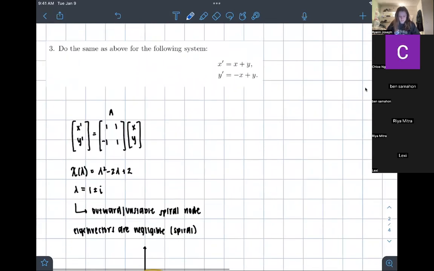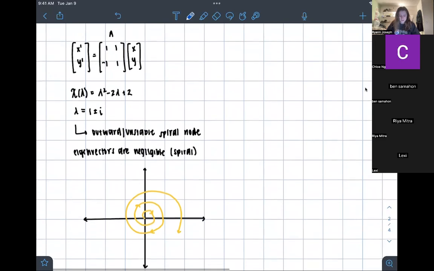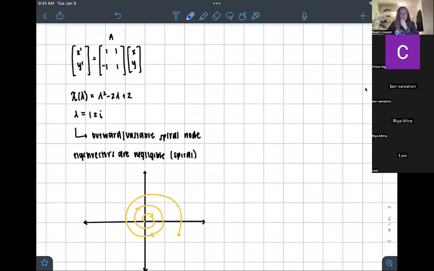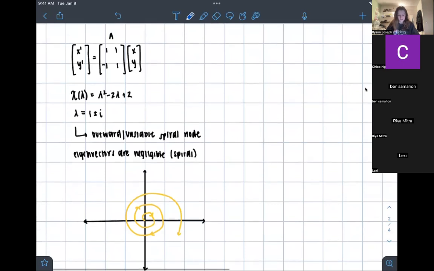Same thing for this system. It's imaginary this time. So we want to see what that looks like. I would just have what I was talking about earlier in the slides: what is the eigenvector, what is the phase portrait. It's a spiral. This is our eigenvalue.